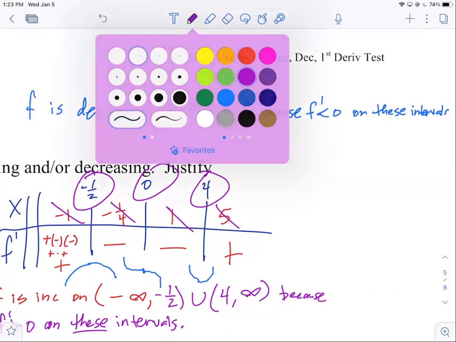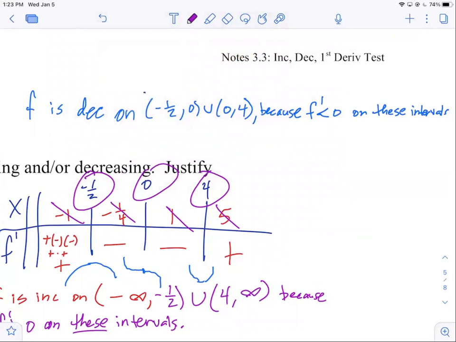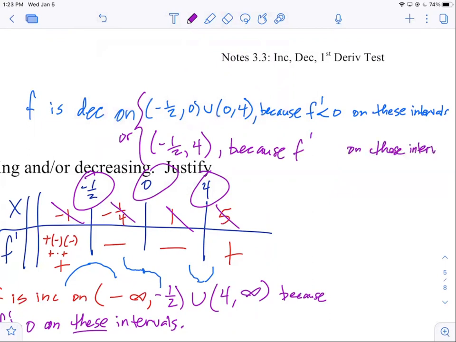Or do this. Or you could say from -1/2 to 4. But now you would say because f prime is what on these intervals? Less than or equal to. Excellent. Good job, Bo. Less than or equal to. Yeah. And so if you don't want to tangle with that, you don't have to even mess with that.